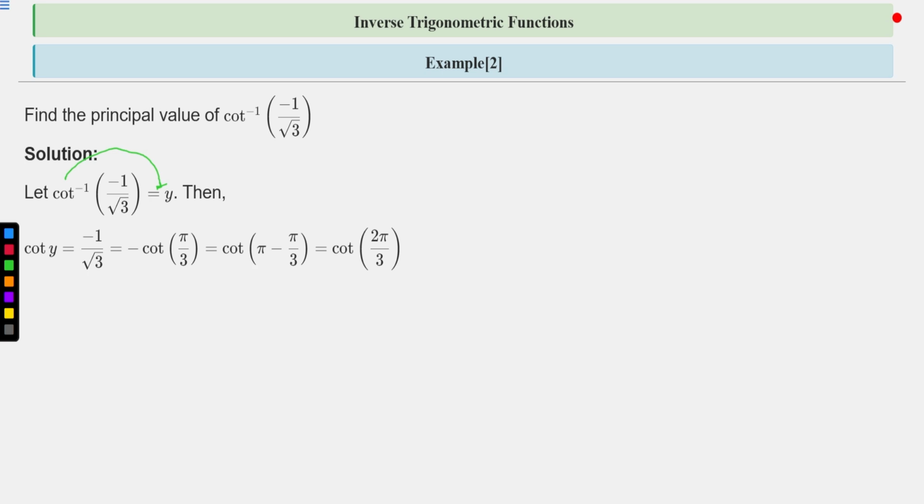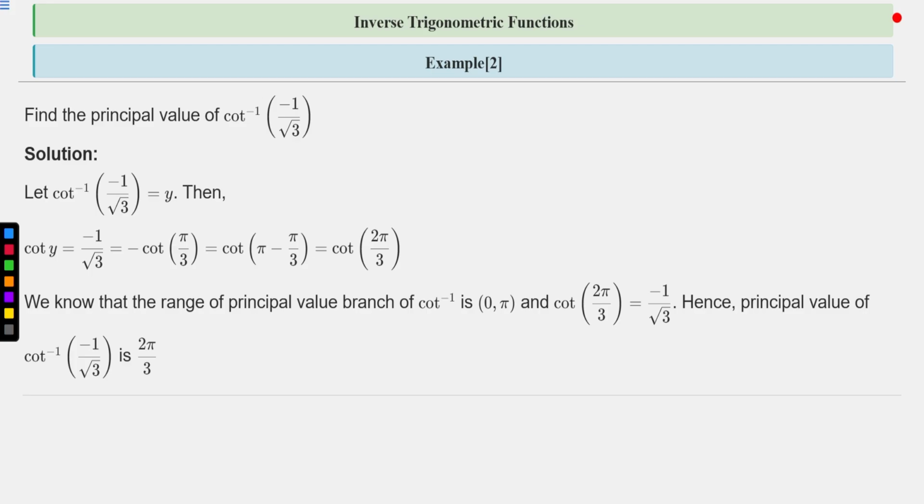And we know that 1 by root 3 is basically cot of pi by 3. Cot of pi by 3 is 1 by root 3, so cot y equals minus cot pi by 3, taking the minus common.